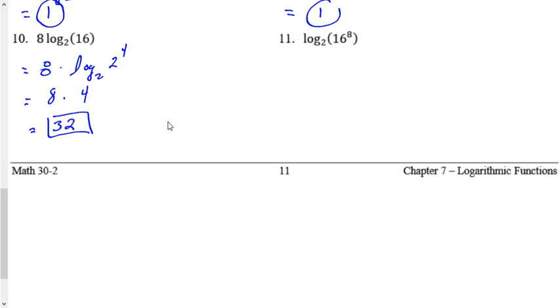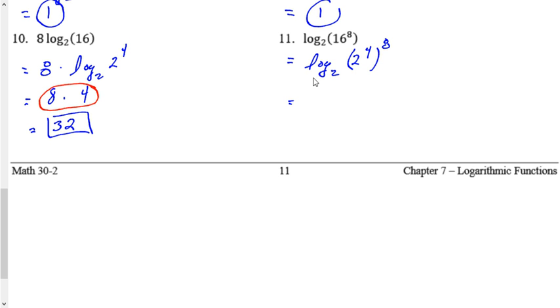Number 11, log base 2, 16 is the same as 2 to the 4th, but this 16 was all raised to the exponent 8. And here I'm seeing that same multiplication as I had in number 10, where in number 10 I got to a point where I had 8 times 4.